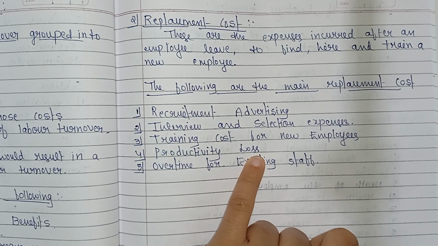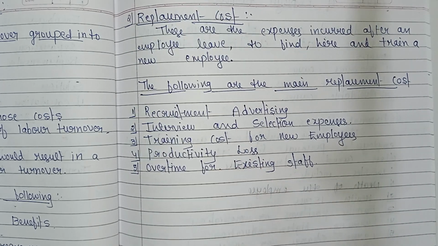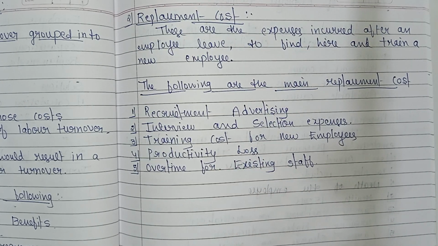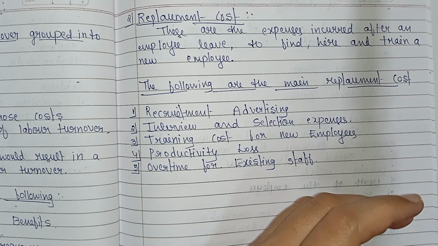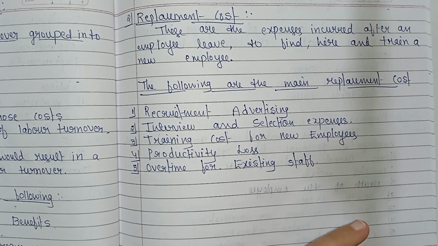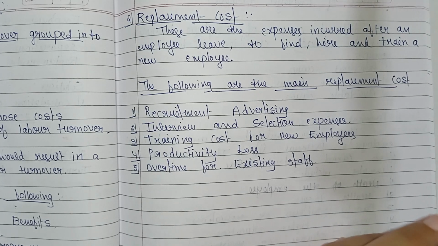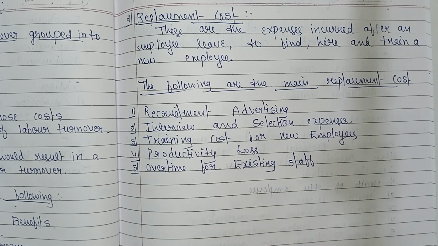That is productivity loss. And the fifth one is overtime for existing staff. It means the extra wages we need to pay to the current employees who work more, to cover the workload until the vacancy is filled. If an employee leaves the organization, we are not able to appoint a new employee immediately, right?